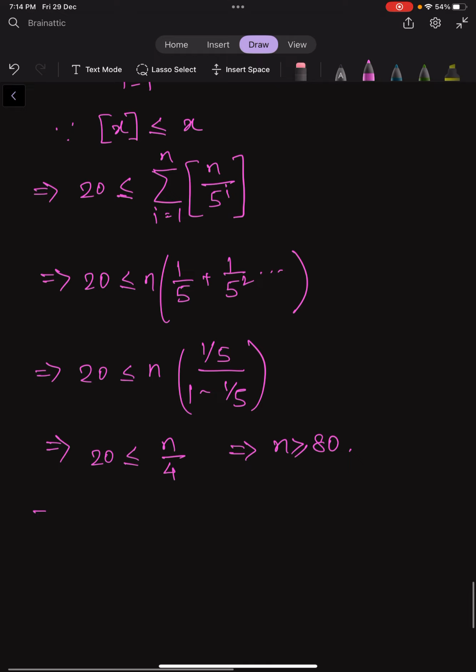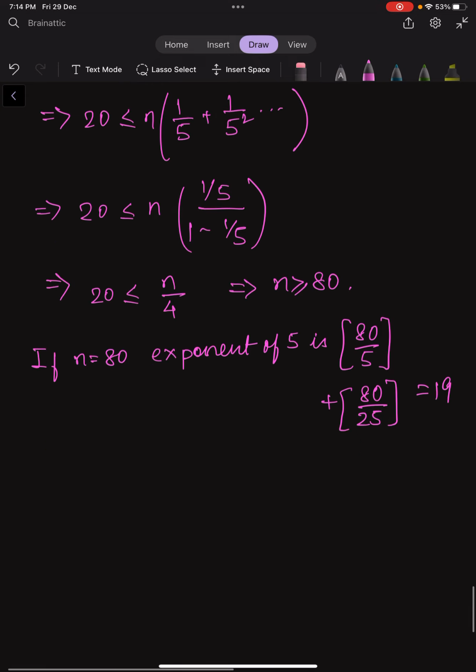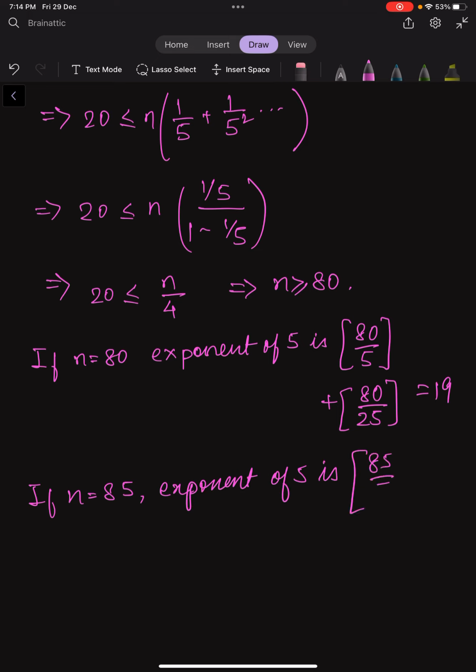Now if n is equal to 80, so we have rounded off our value of n. If n is equal to 80, exponent of 5 is floor of 80 divided by 5 plus 80 by 25, and this is equal to 19. Now if n is equal to 85, exponent of 5 is 85 divided by 5 plus 85 divided by 25, and this is equal to 20.